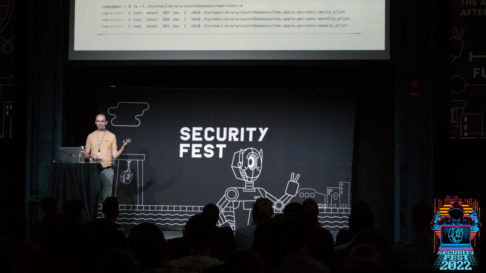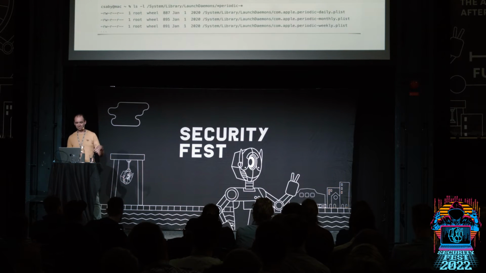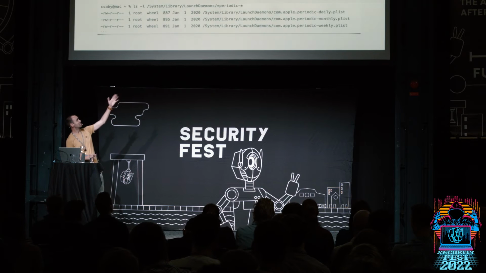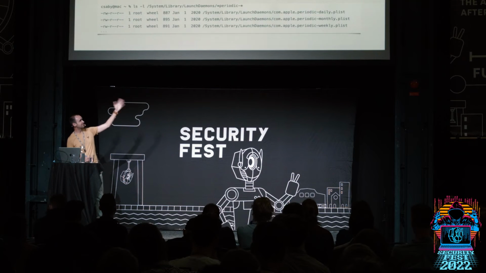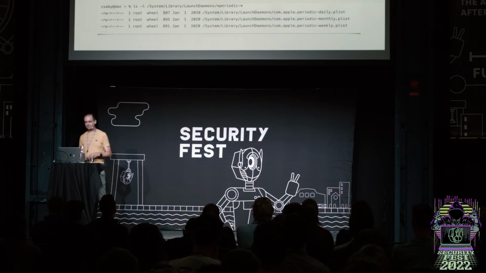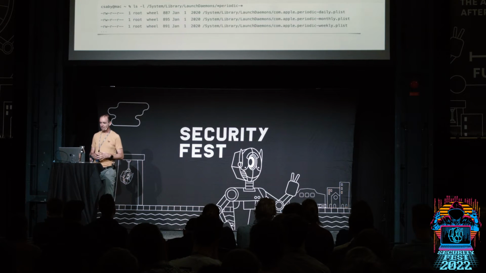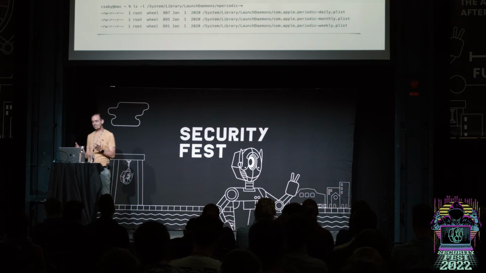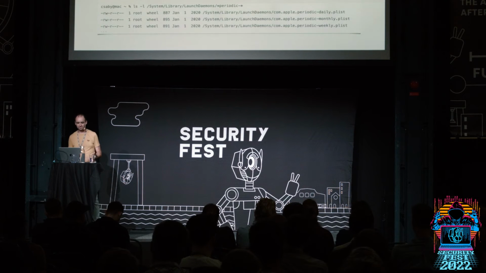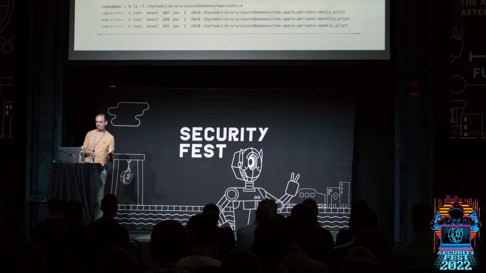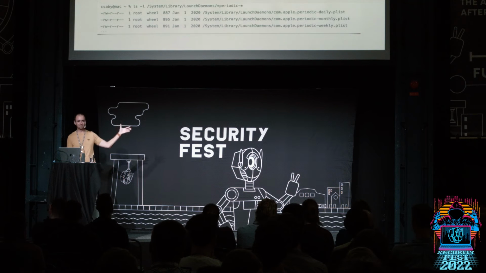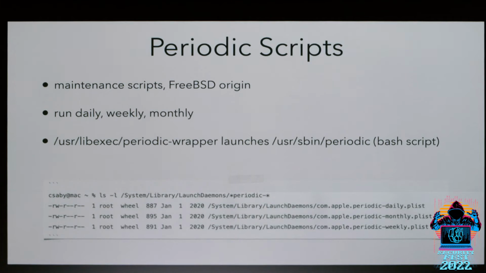And all of them have their own launch daemon file, which we can see: the com.apple.periodic daily, monthly, weekly plist. Since they are launch daemons, it means that they will be run as root. And now what happens here is all these launch daemons will call the periodic-wrapper process, which will launch the /usr/sbin/periodic bash script.